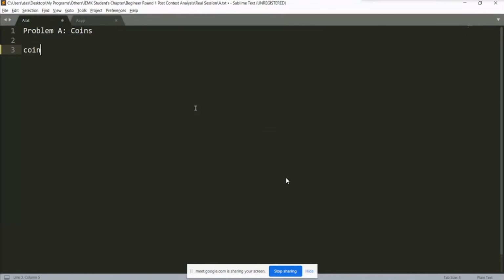We have coins in the range 1 to n, and our aim is to obtain S using the minimum number of coins, right?